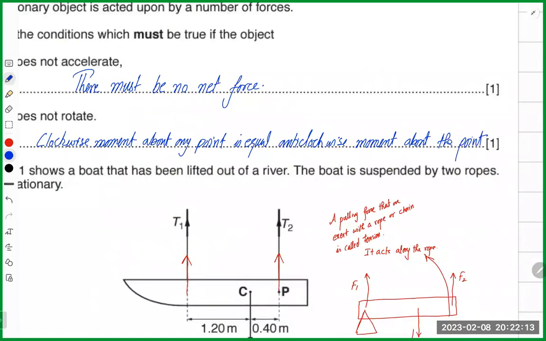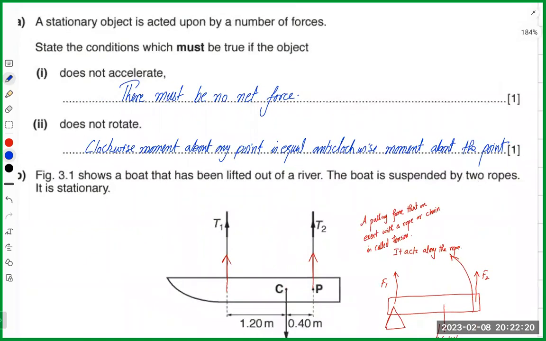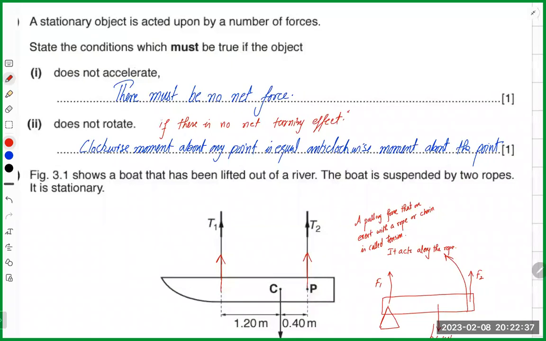You know how I can say it simply? I can say: does not rotate if there is no net turning effect. Okay, if an object fulfills both of these conditions, it means this object is in equilibrium.